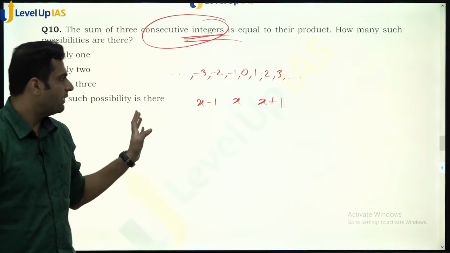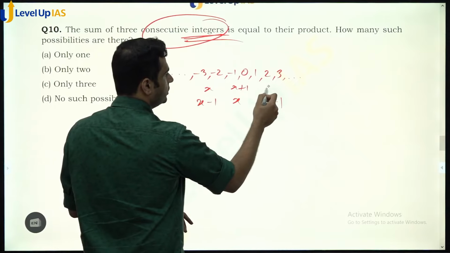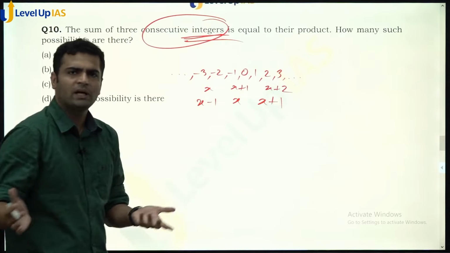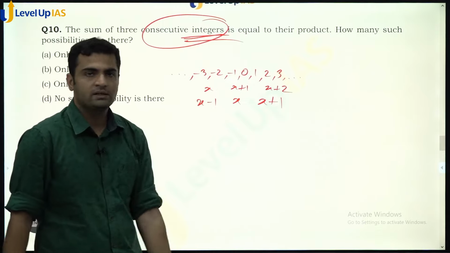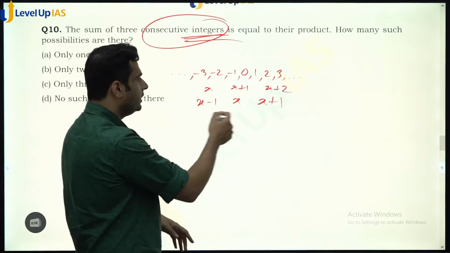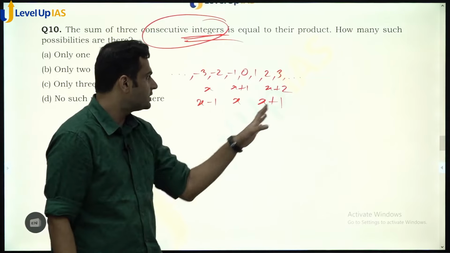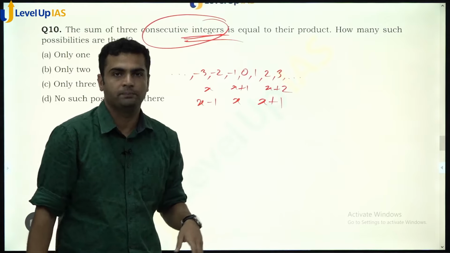Why have I chosen this and not x, x plus 1, x plus 2? To ease our calculations. You can choose either one of them, but here minus 1 and plus 1 get cancelled. So the sum of the 3 integers will just be 3x. Here we will get 3x plus 3.